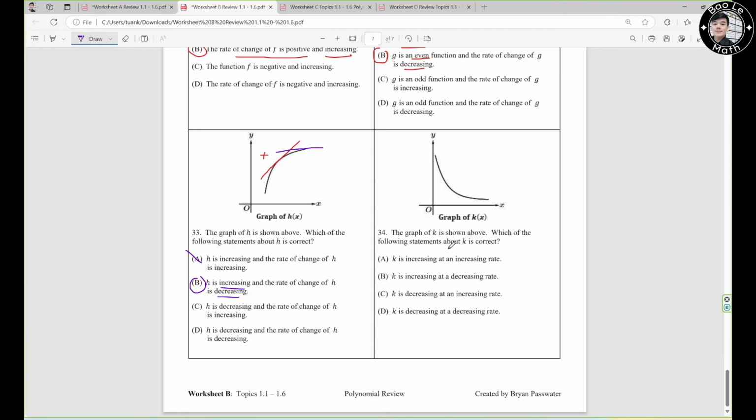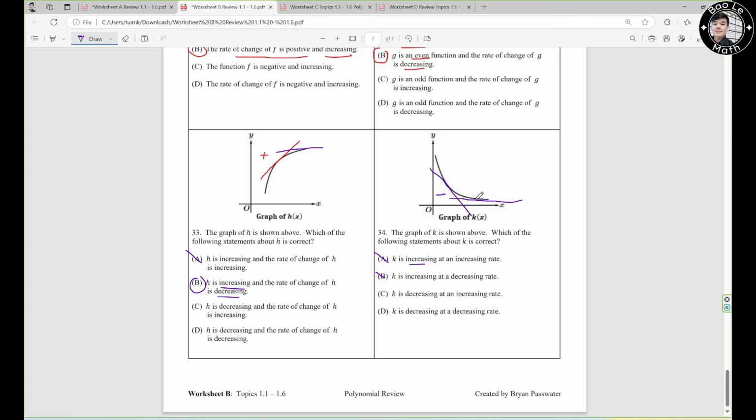Now question 34 right here. The function k is increasing. We draw the tangent line right here, and you see that the line is going this way, the slope is negative, which means the function is decreasing. So we need to eliminate A, B, right? Now we draw another tangent line right here.